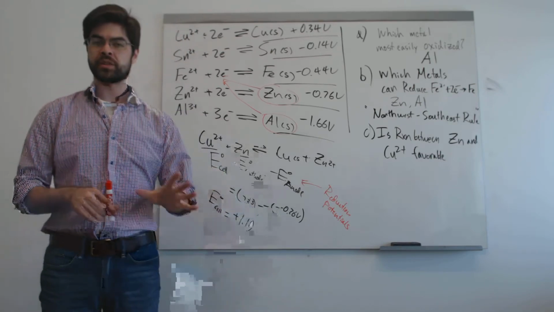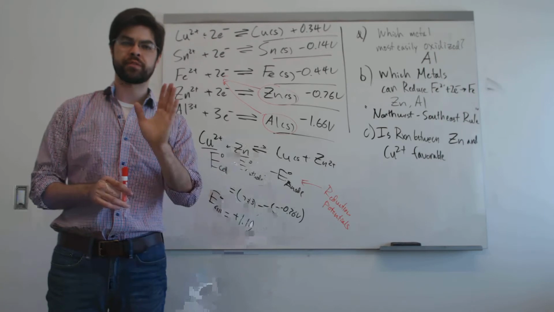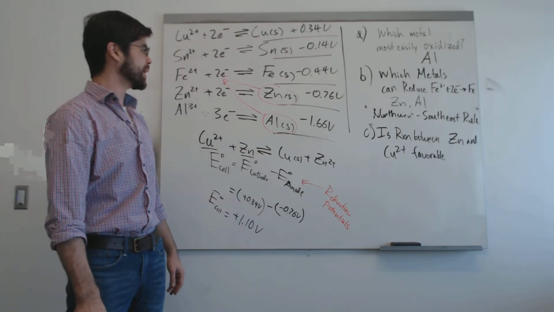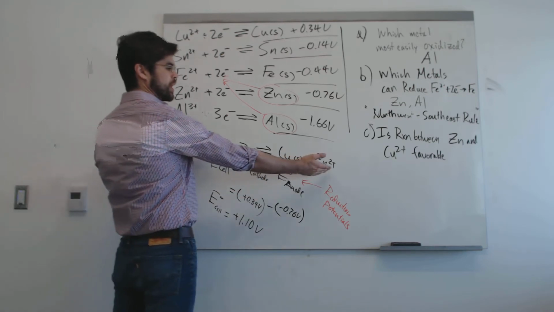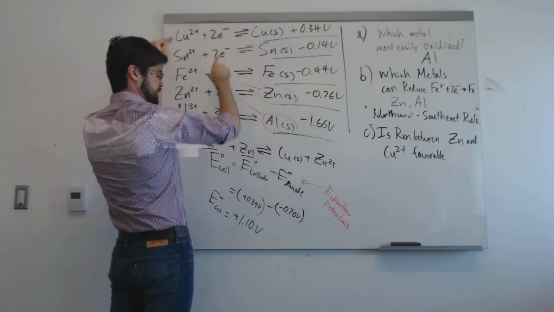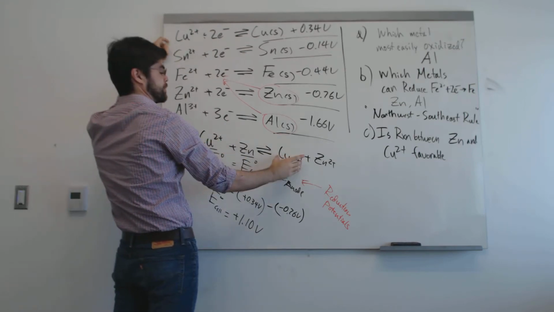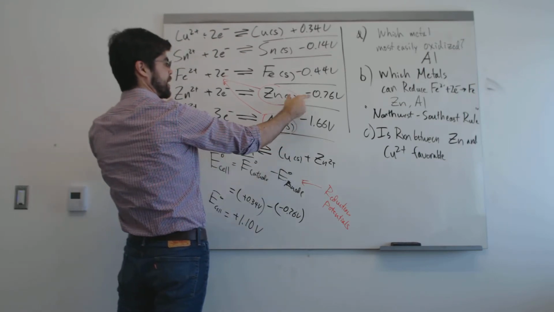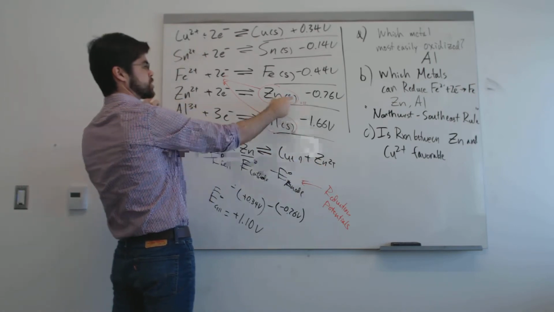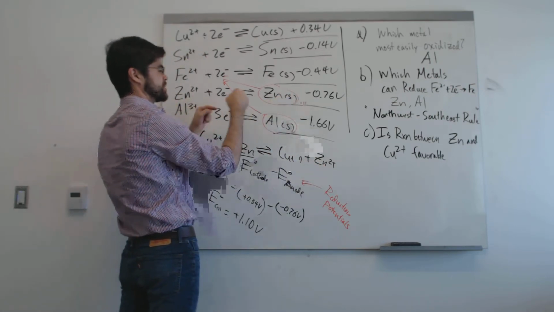One is this way, where you think about it solely from the perspective of reduction potentials. And then I've seen other people say, well, if you want to recreate this reaction, you need to keep the copper like this, because copper is going from copper 2 plus to copper solid, and then you say, well, the zinc here is going from zinc 2 plus to zinc, but in this reaction it's going from zinc to zinc 2 plus.